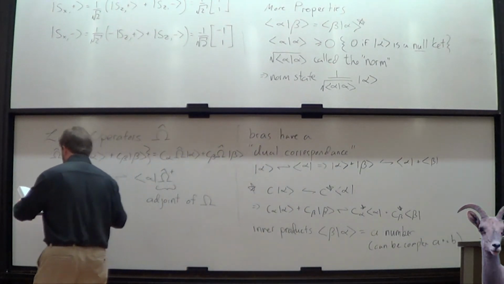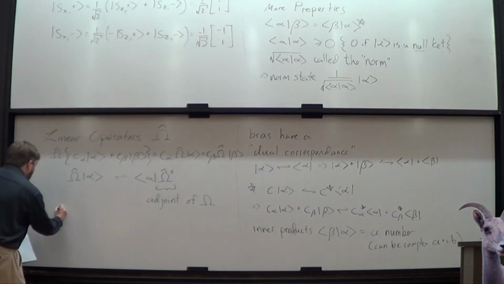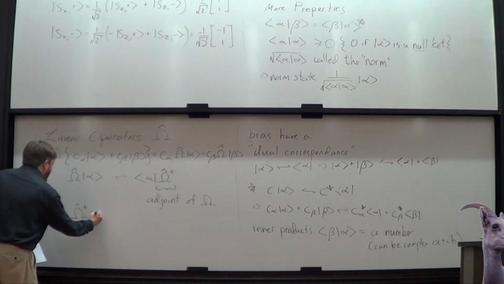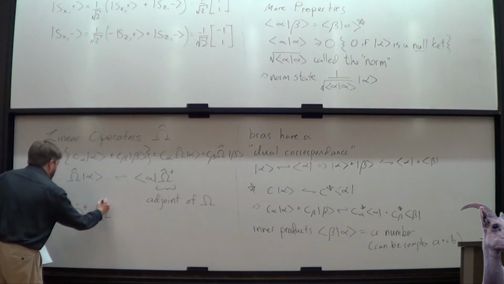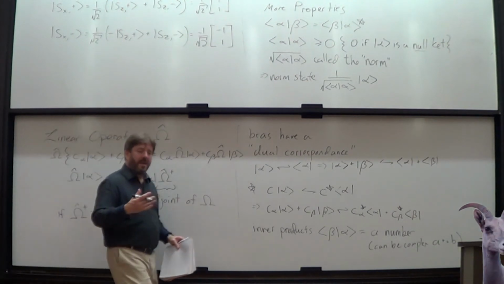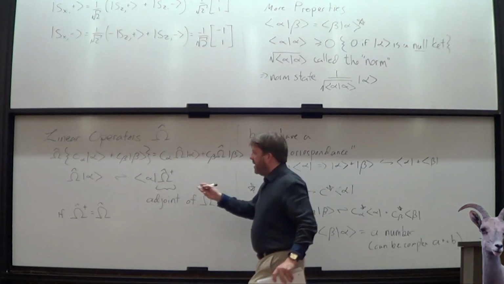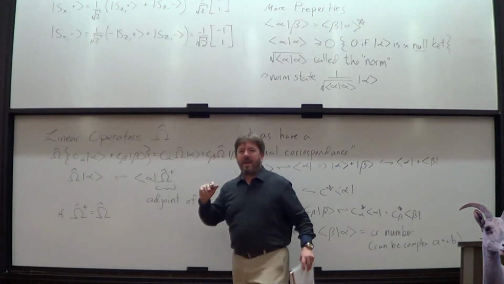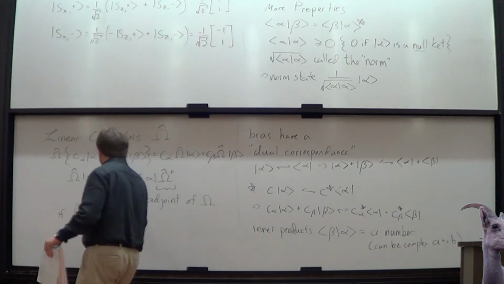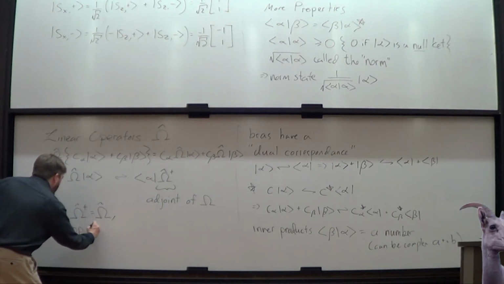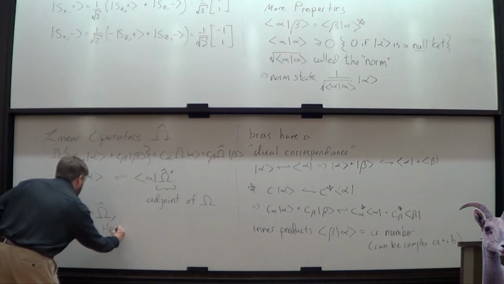It's usually true that the adjoint is equal to the operator to begin with. Nothing changes. Most operators are like this. So in other words, don't worry about it. If that's the case, the operator is Hermitian.